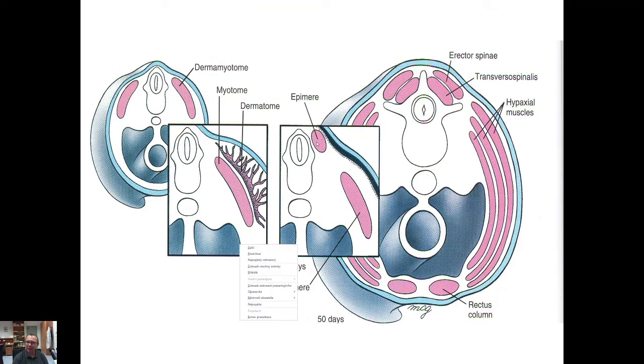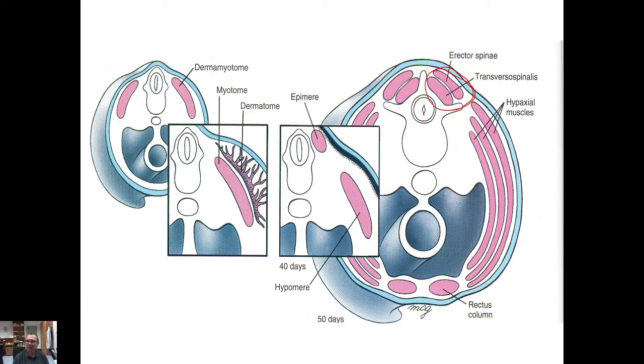Epimeric or epaxial muscles give rise to extensors of spine, long and short extensors. Nothing more. So all other muscles are hypaxial.